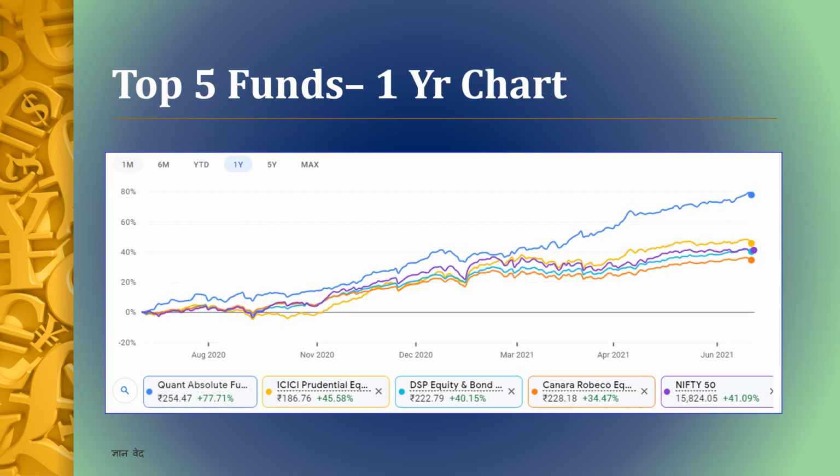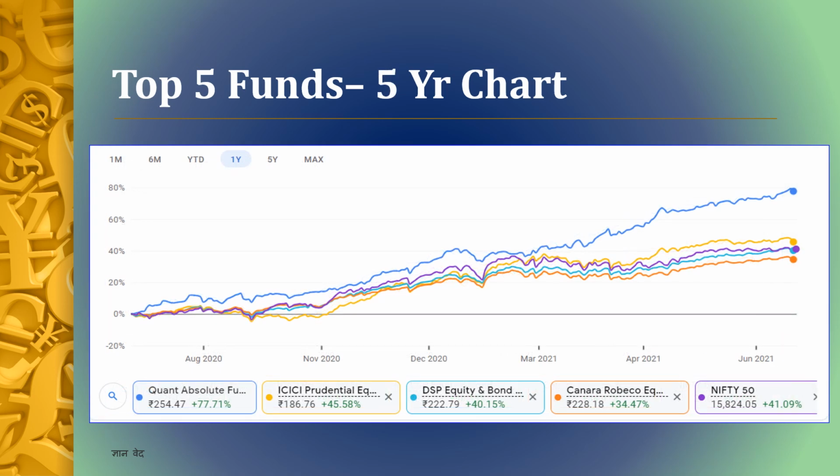When we check the 1 year performance, even here you can see the Quant Absolute Fund is far better than the other peers. As we know, in the last 1 year the growth in the market was tremendous, so we can't take that into consideration to find out which fund is the best. So we have compared the 5 year chart also.